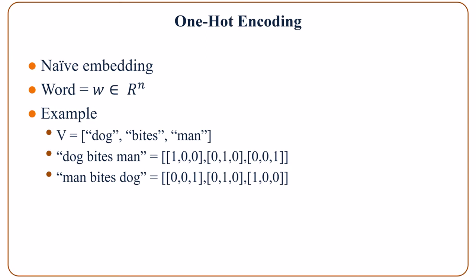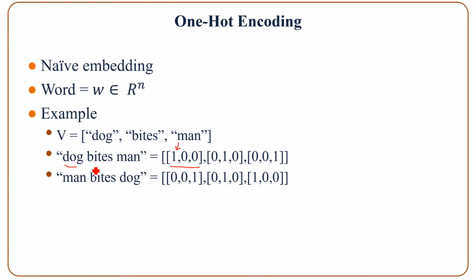We can use one-hot encoding to represent words. The word dog is represented as a vector of values 1, 0, 0. So we have one index that we use to indicate the presence of the word. There is only one 1, and the rest are all zeros.